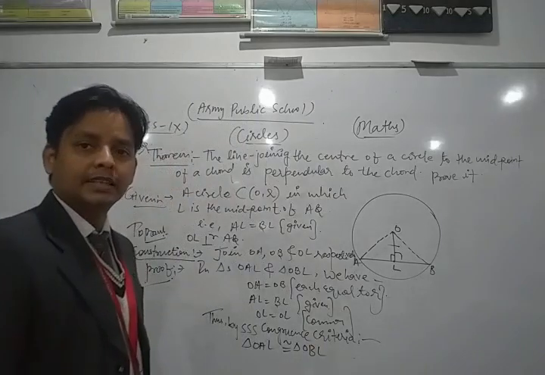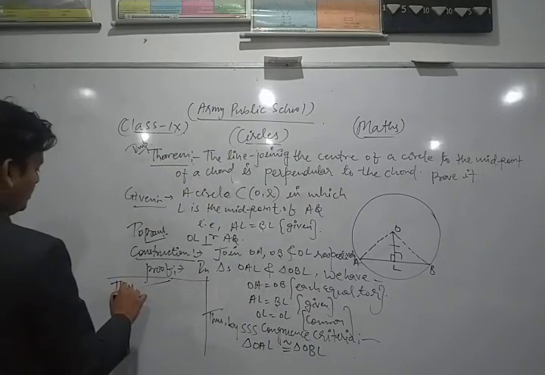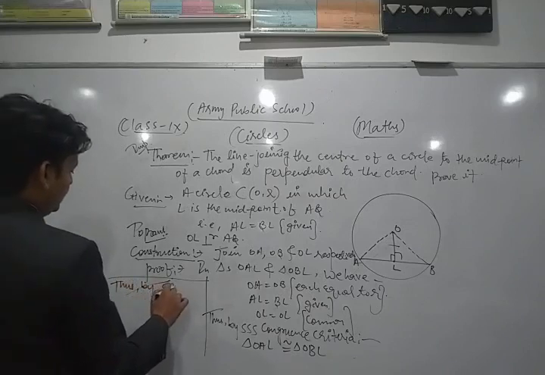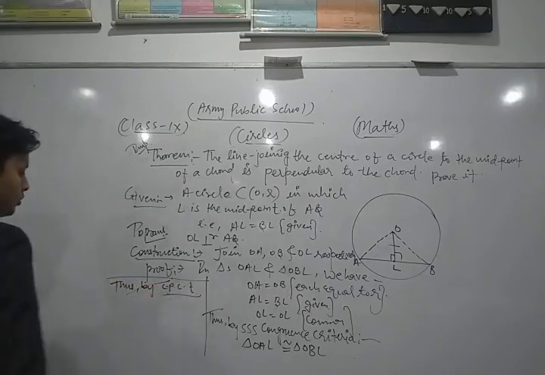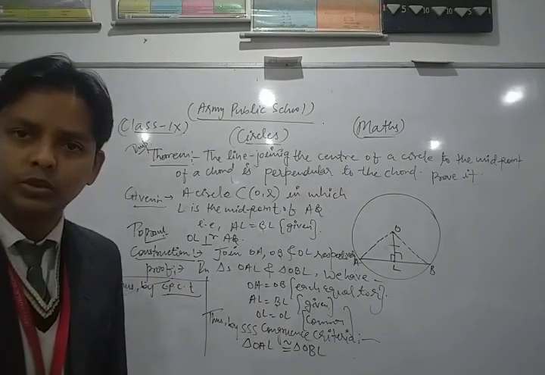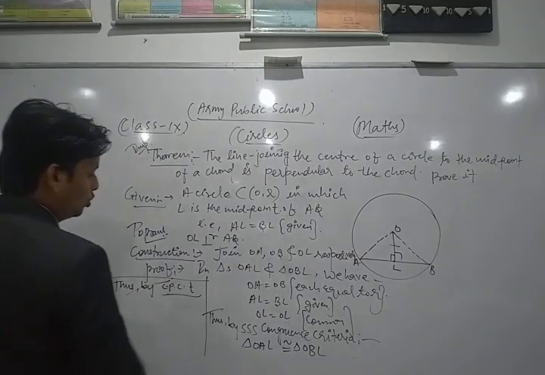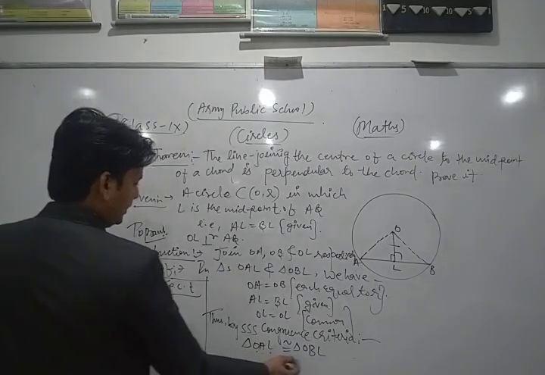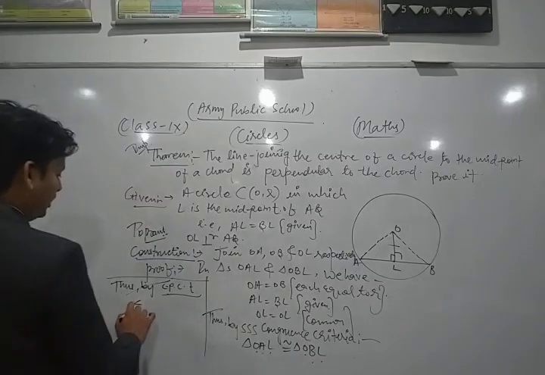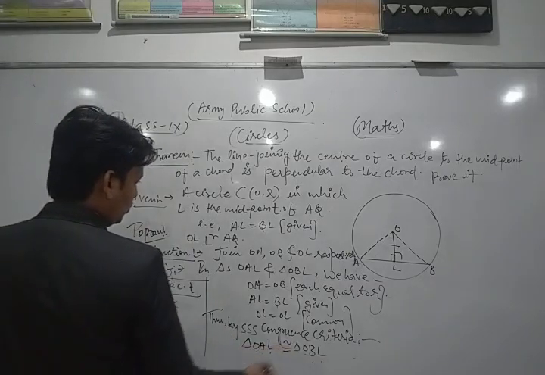Thus, by CPCT, corresponding parts of congruent triangles must be equal to each other. So by CPCT, angle OLA is equal to angle OLB.